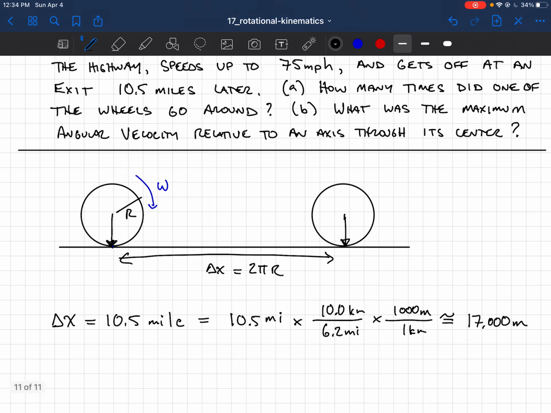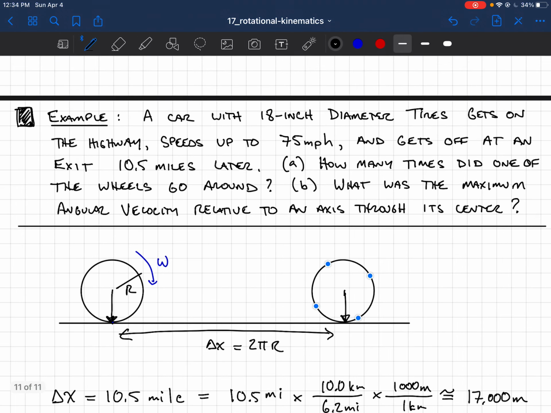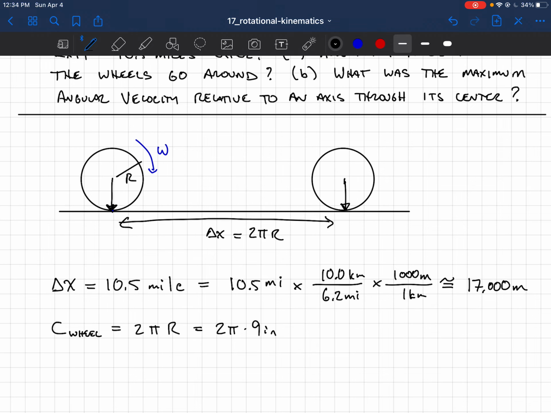So we've gone 17,000 meters. How many times did the wheels go around? Well, the circumference of the wheel is equal to 2 pi times r, and r was 9 inches. But let's convert that to SI as well. We have 2.54 inches per 1 centimeter, and 100 centimeters per 1 meter.